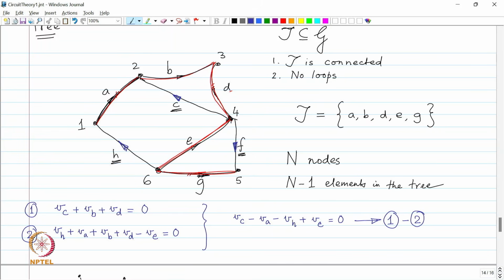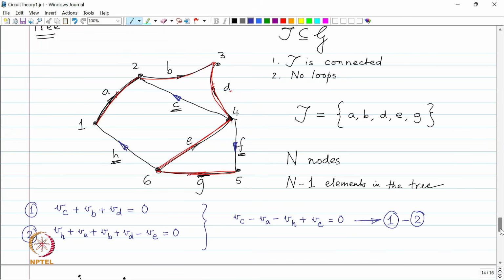And why did this happen? Because this loop was not fundamental as per our tree. Of course, if you change the tree, it could end up being fundamental, but not right now. Right now it is not a fundamental loop.